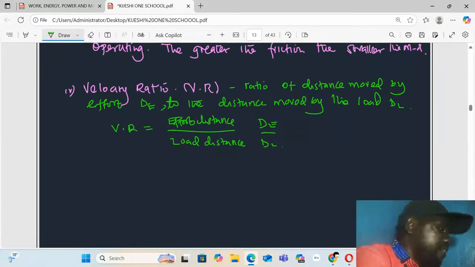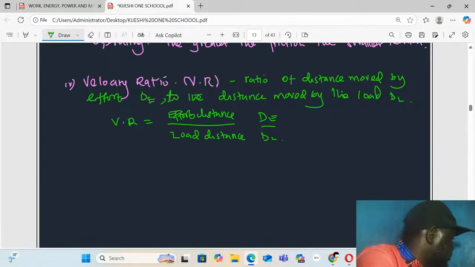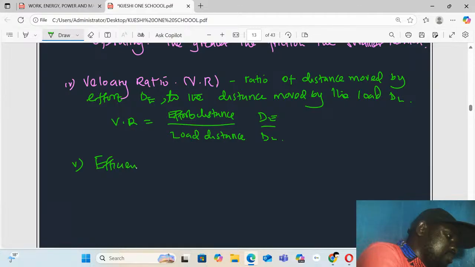We have another one, which is the efficiency, and that is noted by this sign.